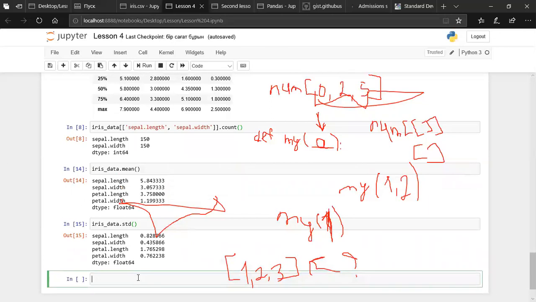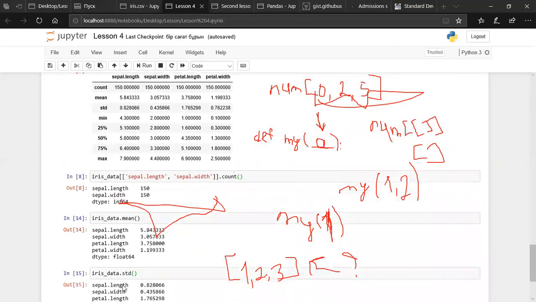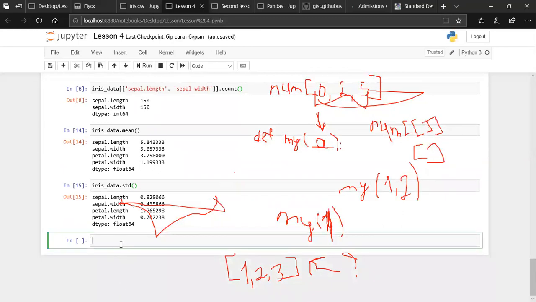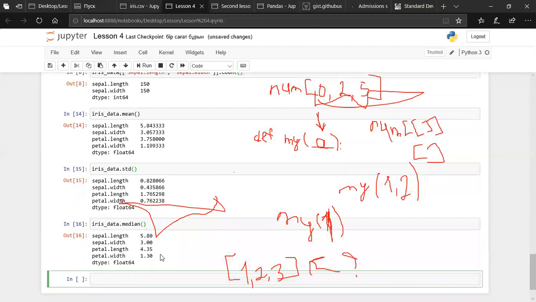Okay. Can you find the median? Median. Yes. Yep. So this is the median.